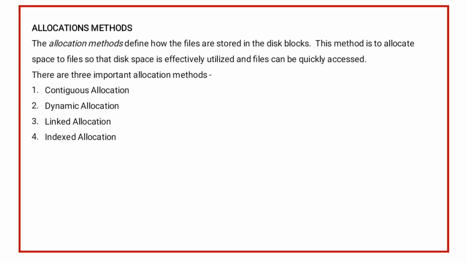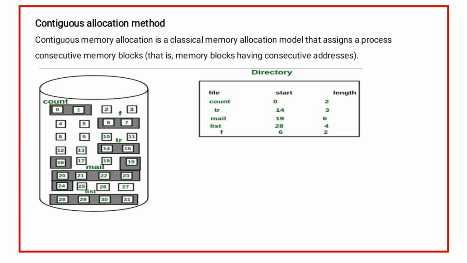Now, in this allocation method, contiguous memory allocation is a classical memory allocation model that assigns a process consecutive memory blocks, that is, memory blocks having consecutive addresses. Contiguous memory allocation is one of the oldest memory allocation schemes. When a process needs to execute, memory is requested by the process.